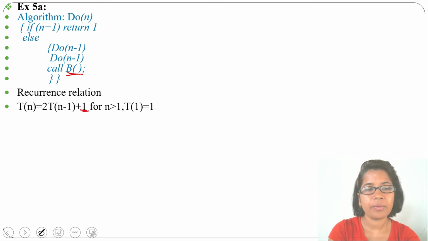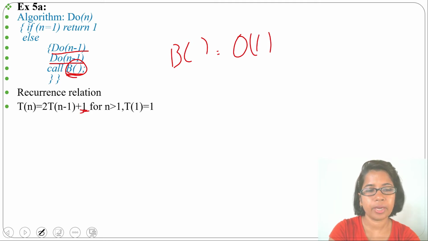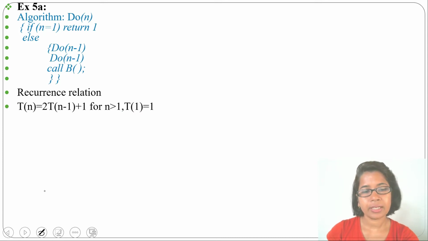And T(n minus 1) due to this function call, and another T(n minus 1) due to this function call. So it is 2T(n minus 1). Let B's order of growth be big O of 1, so you can write 1 here. And it is true for n greater than 1. When n is 1, it returns 1, so T(1) equals 1. We got the recurrence relation.